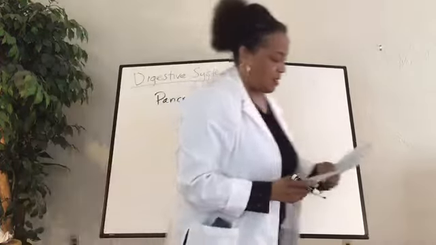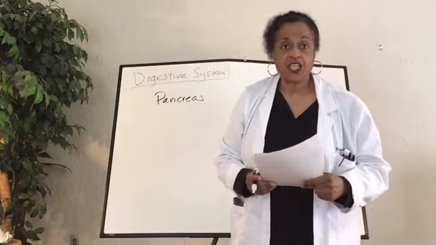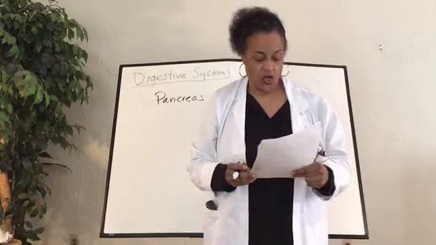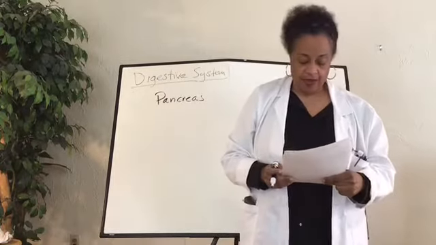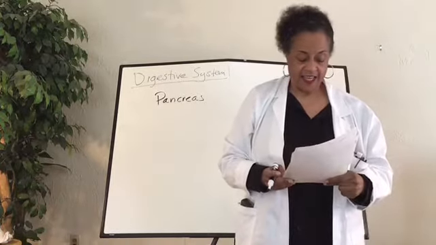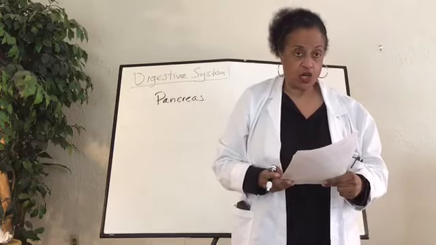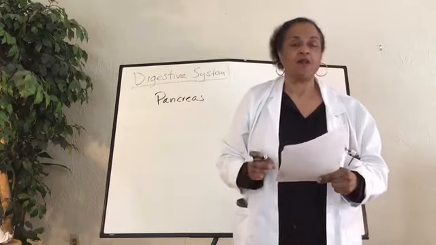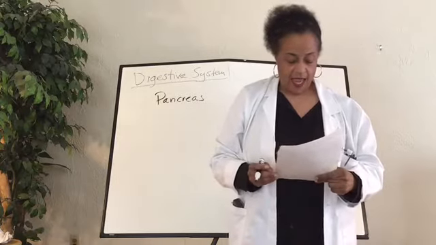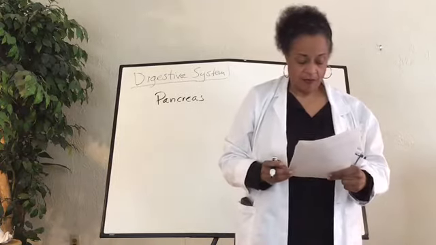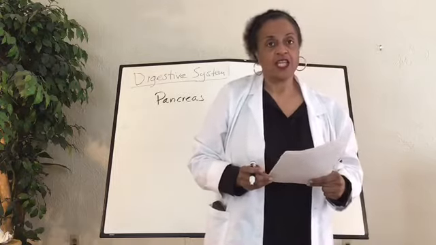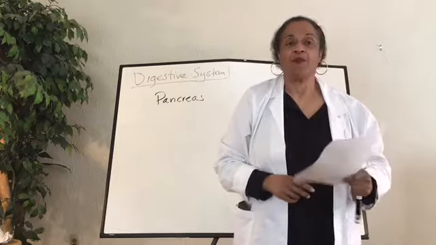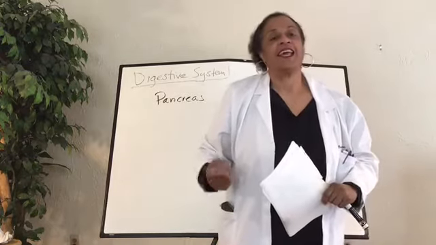The pancreas is a grayish pink colored gland, not that big, about 6 to 9 inches long, weighing only about 60 grams. It has a head in the C-shaped curve of the duodenum, a body that is horizontal behind the stomach, and its tail touches the spleen. I like the pancreas because it reminds me of an animal. It has a head, a neck, and a tail.